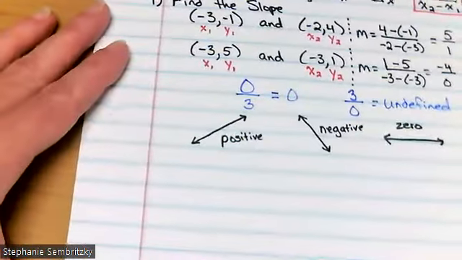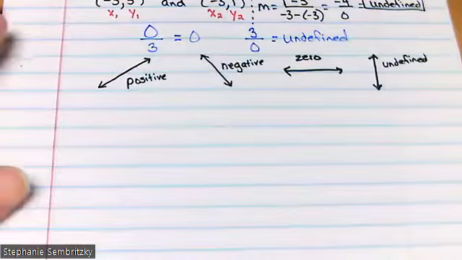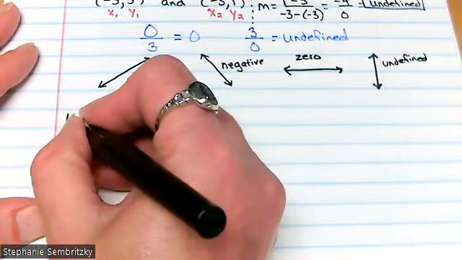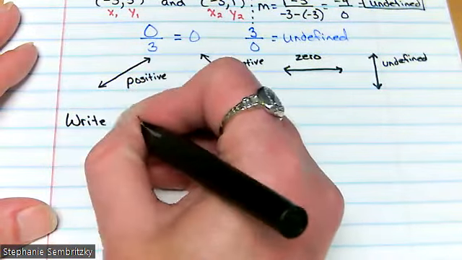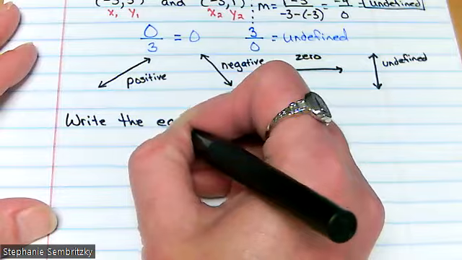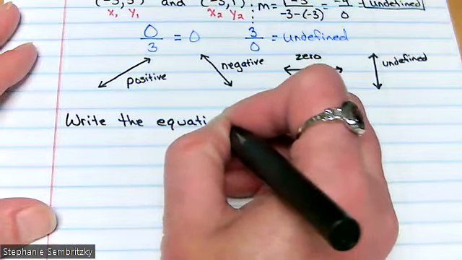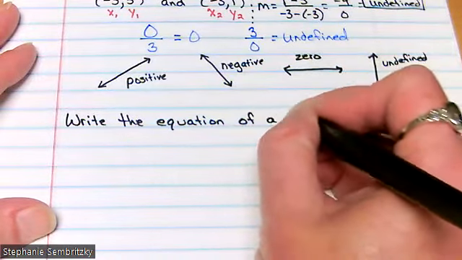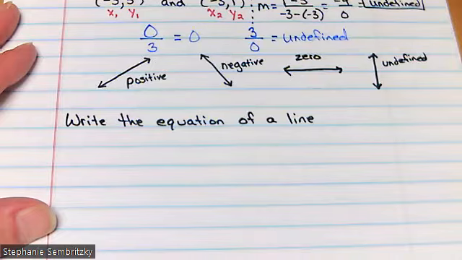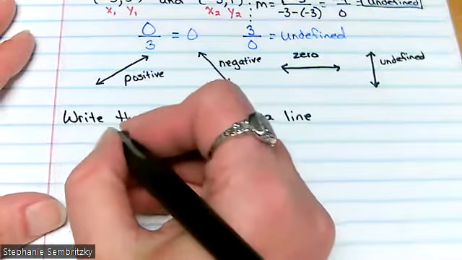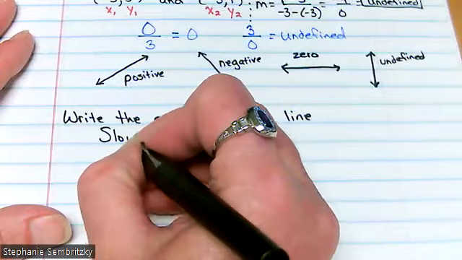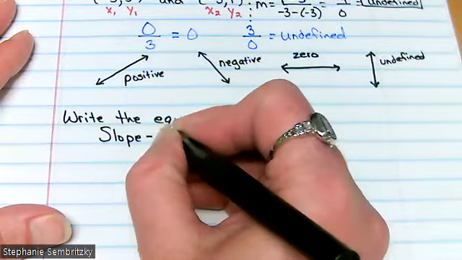Now let's review writing the equation of a line. Now, when we're writing the equations of a line, there's two forms of a line that are used most often.